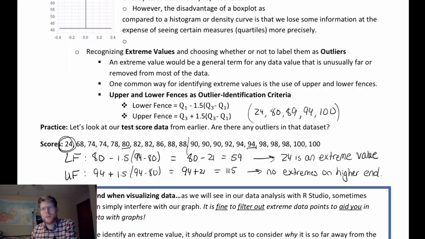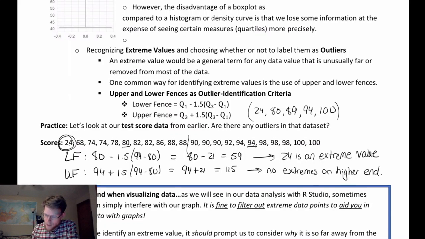It doesn't necessarily mean that we just throw them out and pretend they don't exist. That would be a more contextual question. That just depends on what we're doing and just how far away it seems to be. But this is a nice way to highlight values that we should consider for removal, or question what happened with these data values and why they're so unusually far from the others.